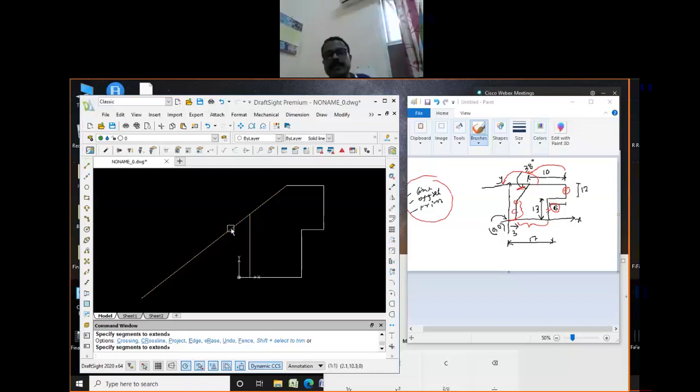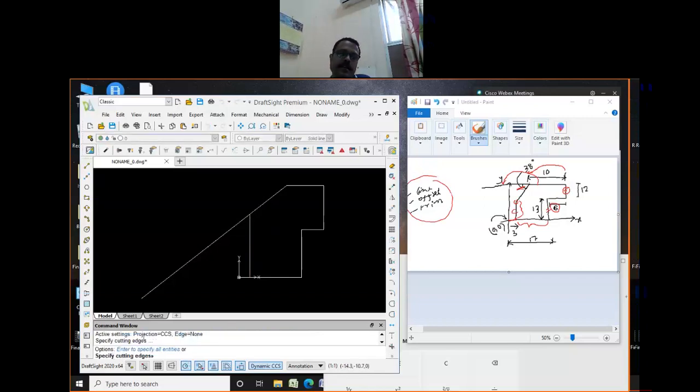So I have to trim this segment with this as my edge, or this is my boundary of trim. So trimming is TR, trim. Select or specify cutting edge. This is my cutting edge. Right click. Specify segment to remove. I want to remove this segment.